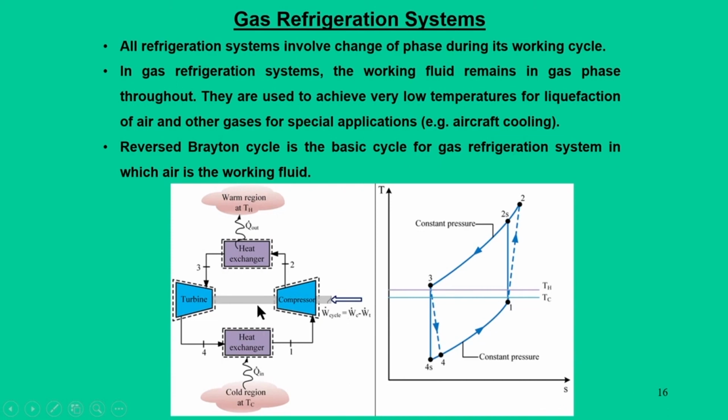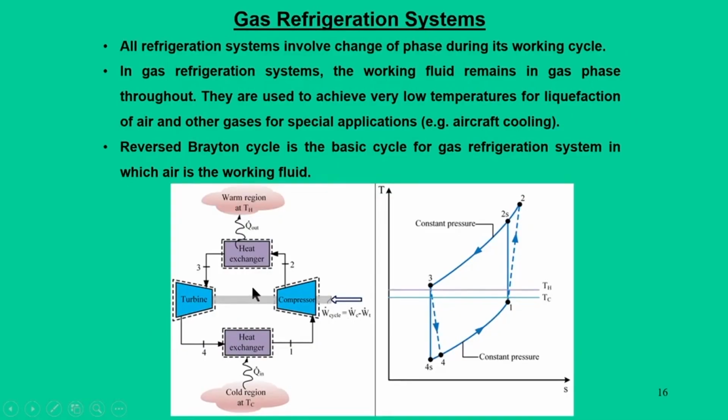And when you use air, the main assumption is that air does not change its phase, but the temperature of air can be lowered by using a gas refrigeration cycle, and through this process we can achieve the refrigerating effect.